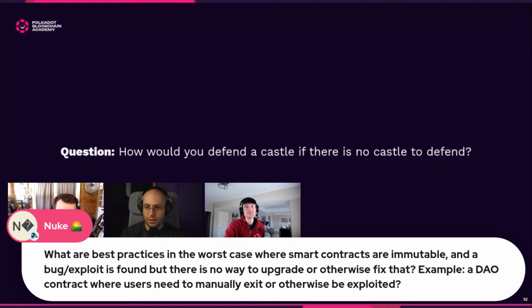But if you have the correct game theory and the correct security process, it's possible to reduce the risk. But there is no zero risk if we are using smart contracts. If we are using smart contracts, we should understand there's a risk that there will be an exploit maybe at any time. Thank you very much for this question.